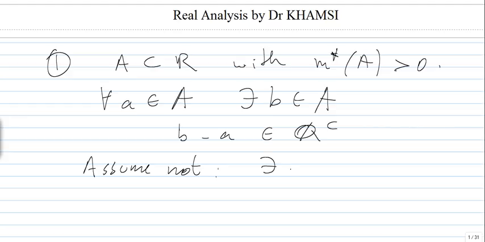Then there exists an a in A such that for every b in A, b minus a is rational.